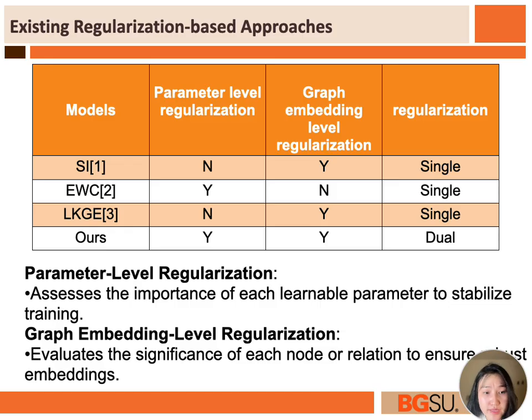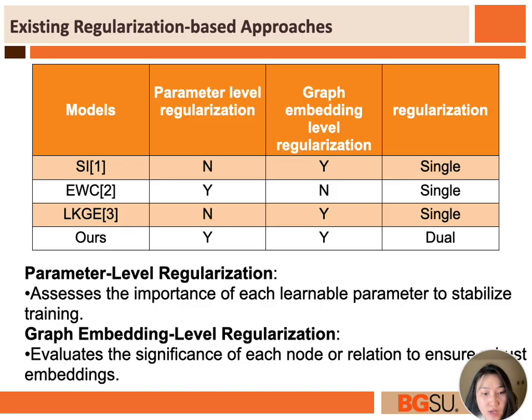Parameter level regularization assesses the importance of each learnable parameter to stabilize training. Graph embedding level regularization evaluates the significance of each node or relation to ensure robust embeddings. Without parameter level regularization, models treat all learnable parameters equally, failing to prioritize the most important ones while also assigning undue weight to less significant parameters.